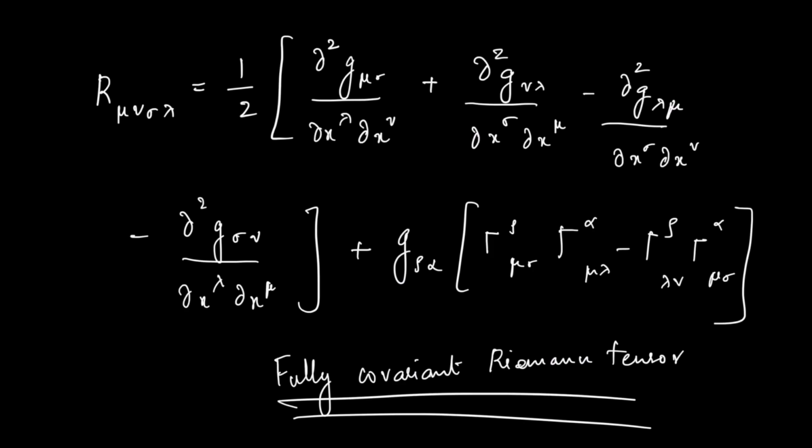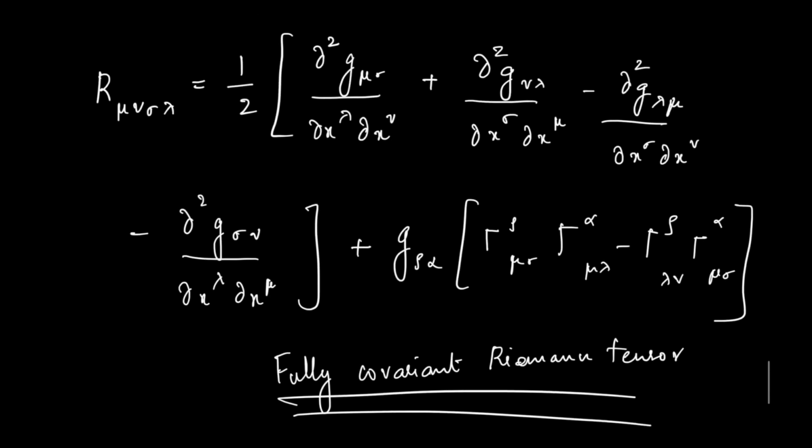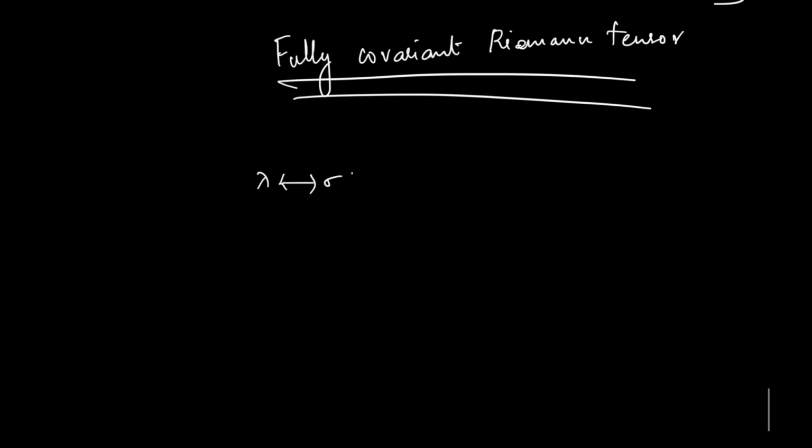Okay, so once you get the fully covariant Riemann tensor, now let's see what happens when we interchange the last two indices, here sigma and lambda. Now we can write R, I have to interchange the last two indices.